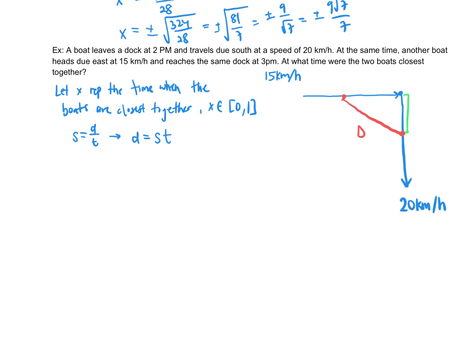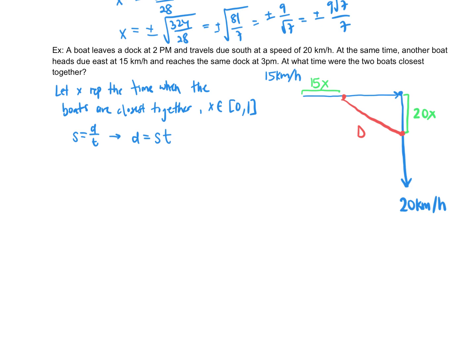So this portion that it has traveled is 20x. Now in x hours, the second boat, going to the east, has traveled at a speed of 15 kilometers per hour for x hours.